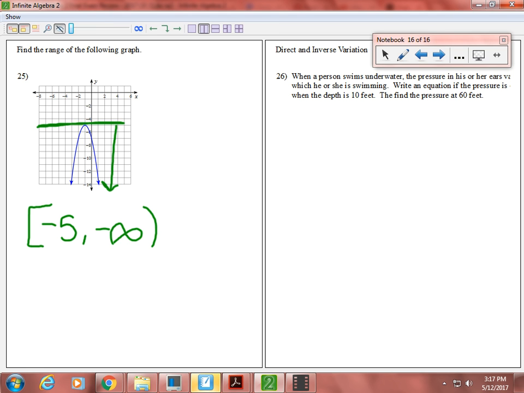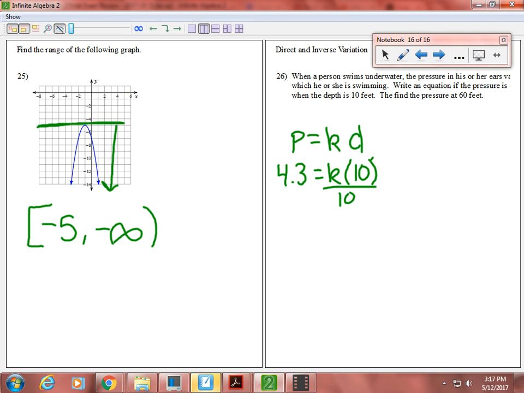26, we know that we swim underwater. Ear pressure varies directly, so it's K times the depth at which they swim. In the first part, the pressure is 4.3. I don't know my K value yet, and I know the depth is 10 feet.